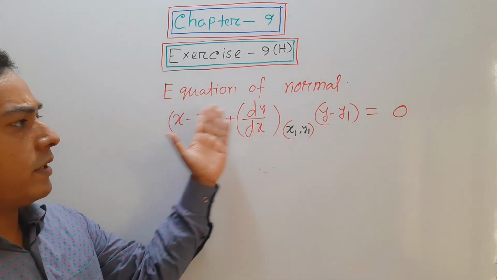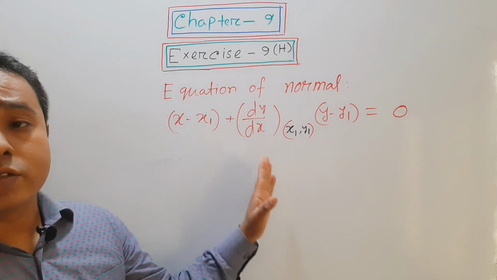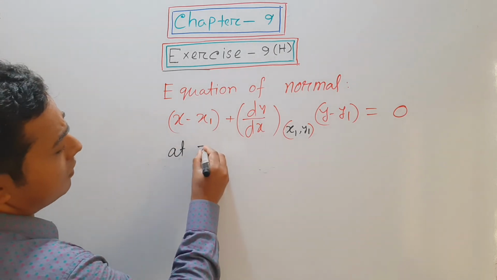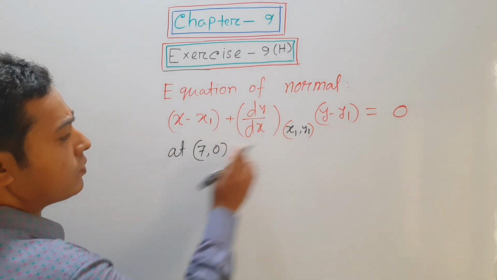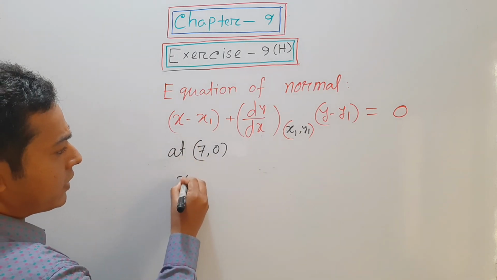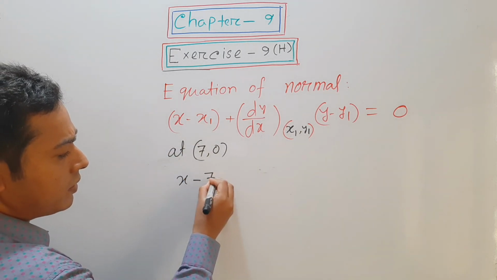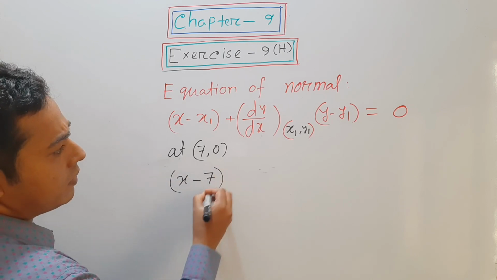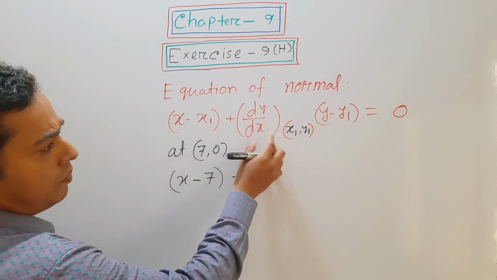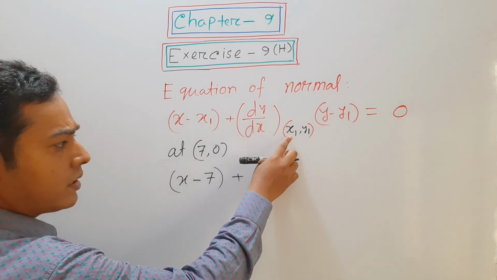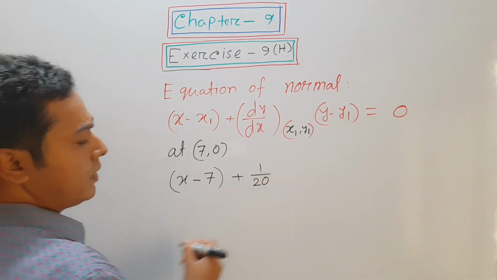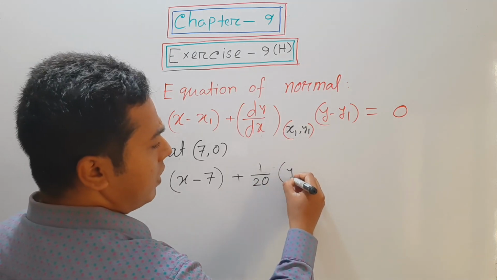Okay, now this is the equation of normal at x1 comma y1. Now at 7 comma 0, where x1 is equal to 7 and y1 is equal to 0. So x minus 7 plus the slope ddx of y at 7 comma 0, which is equal to 1 by 20, into y minus y1.